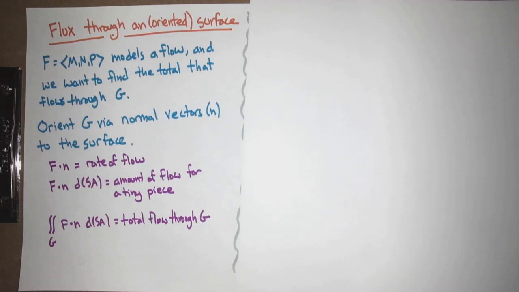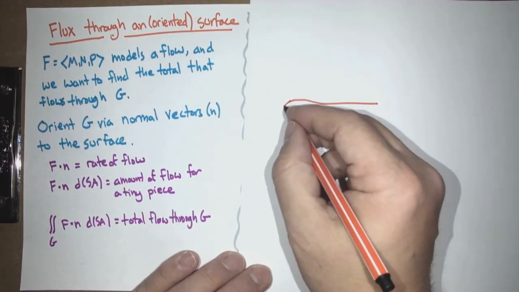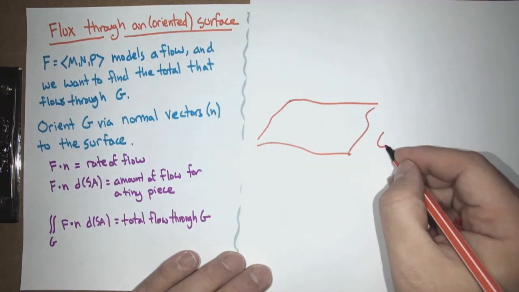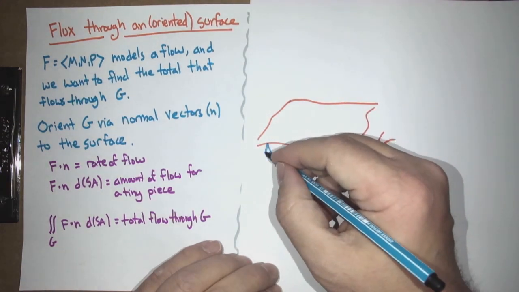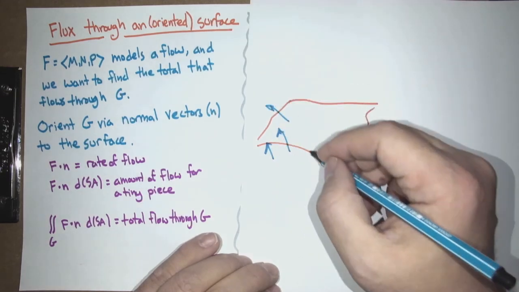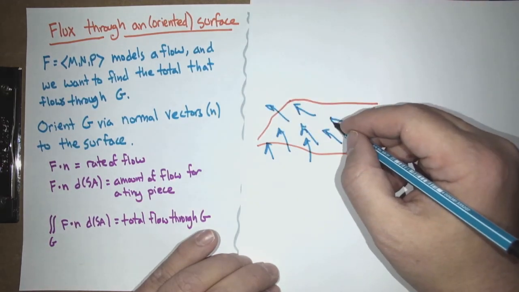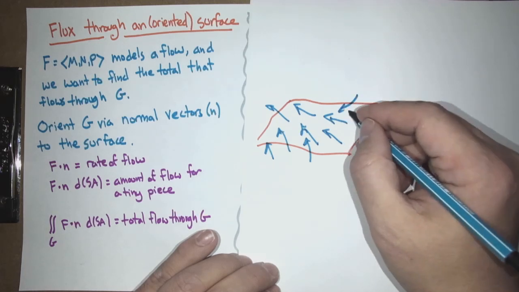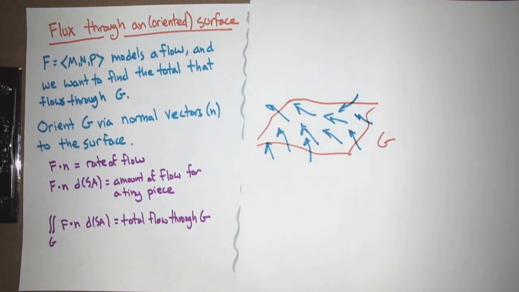We have a surface G. So there's a surface here. Here's our G. Our question is, we have this flow, this vector field, that's moving through G, and how much actually gets through G? Keep in mind, flow can be positive or negative, so we want to find the sum total flow.